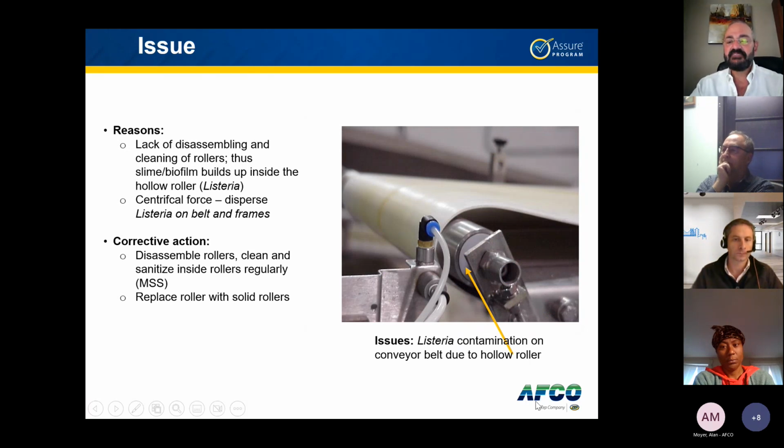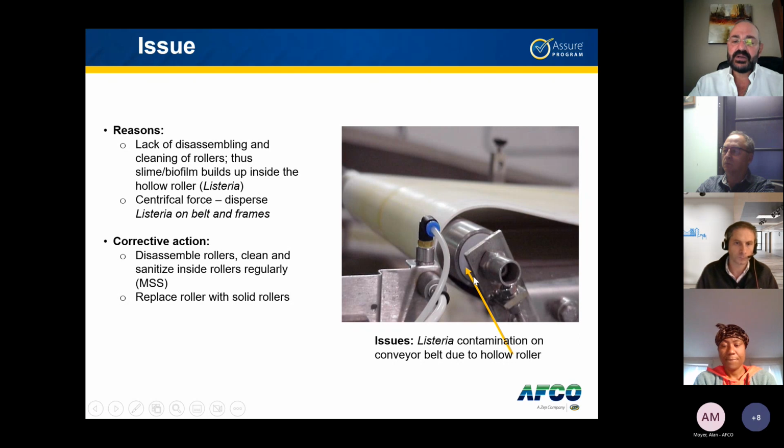All right, this is a very common area or picture in food processing. You have conveyor belts carrying food from point A to point B in processing plants. Some of these conveyor belts, especially the old ones, have rollers that drive the belt, right?